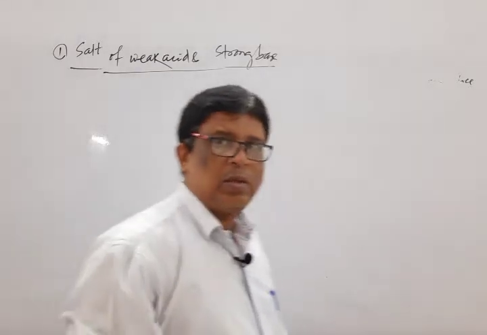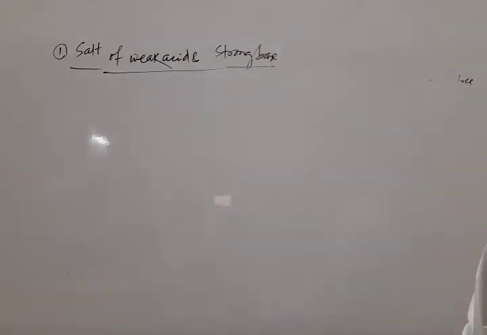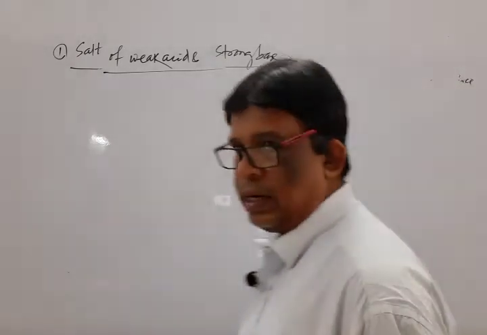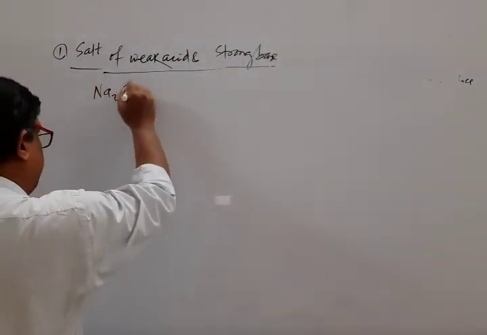So many examples under this category are there, but we select one example, under the heading of salt of weak acid and strong base, that is sodium carbonate. Let us discuss sodium carbonate.